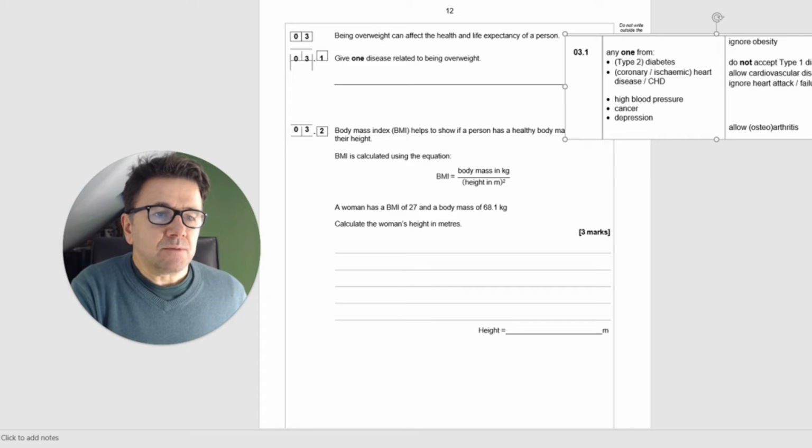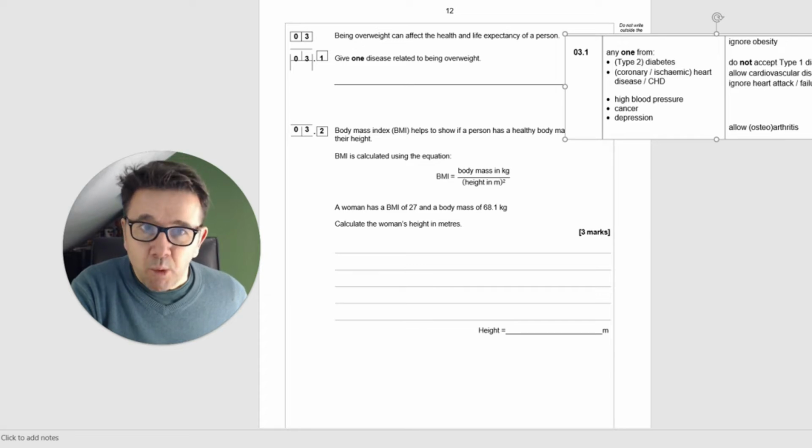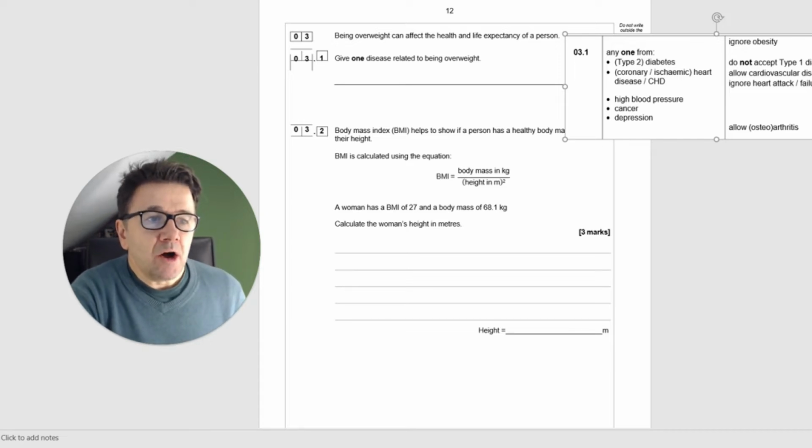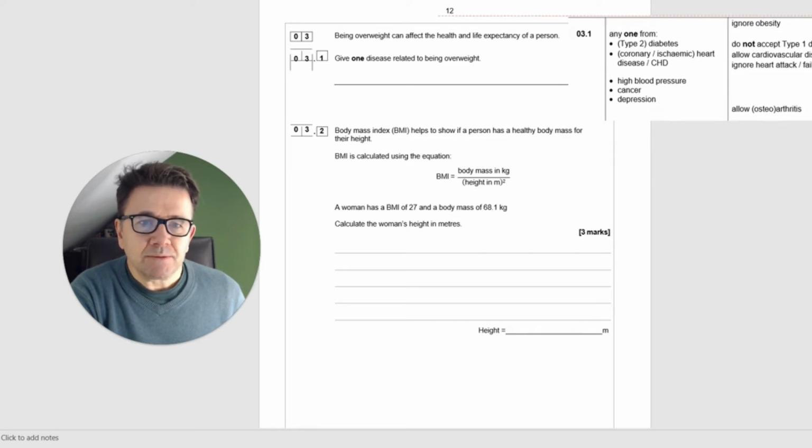Any other diseases though? Diabetes, you can't say type 1 diabetes. If you just say diabetes, that's fine. If you say type 2, that's better. Any form of heart disease, cardiovascular disease, you can't say heart attacks or heart failure. You've got to talk about disease, all right? Then high blood pressure, cancer, depression, and any other form of disease related to being overweight.